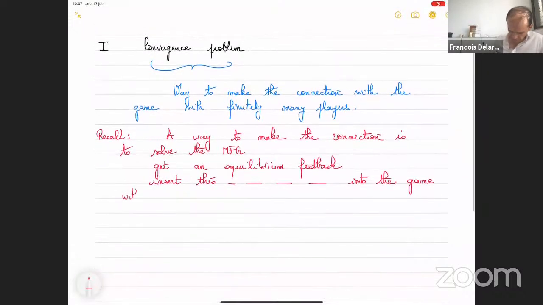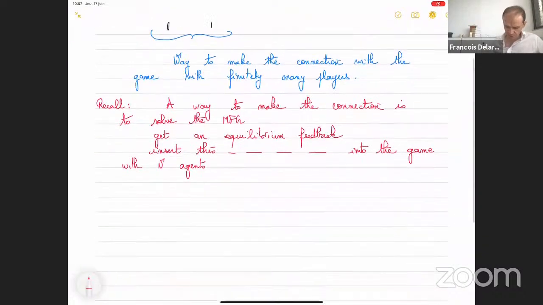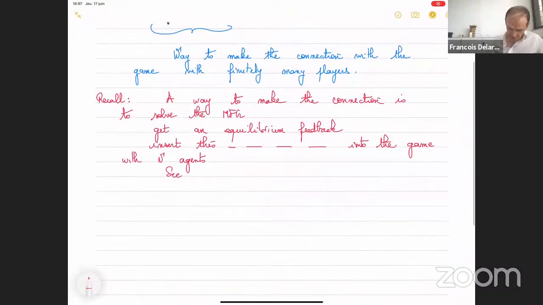with capital M agents. From the practical point of view, I explained this on Tuesday. So once again, see lecture number 2.